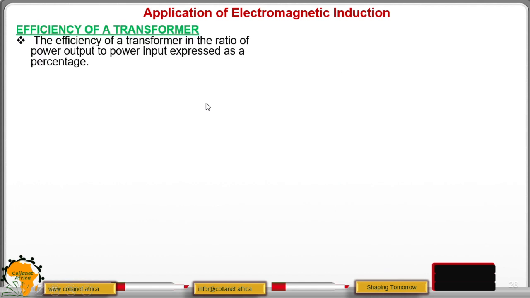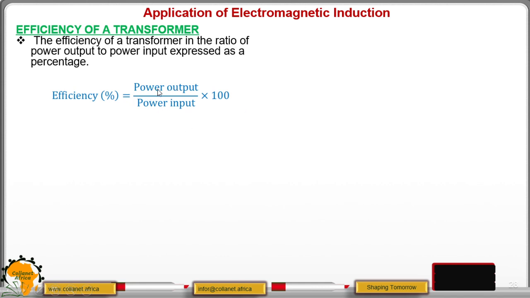Then from there, we have the efficiency of a transformer. We define this as the ratio of power output to the power input, and this must be expressed as a percentage. In other words, efficiency will be power output divided by the power input multiplied by 100.